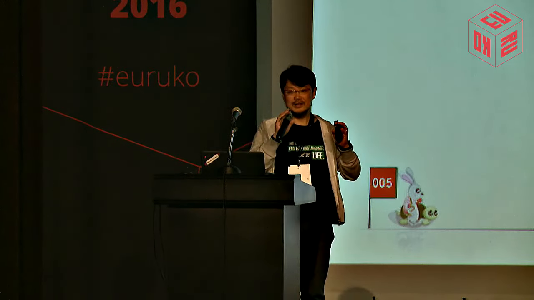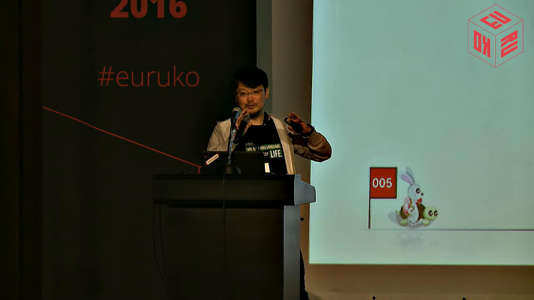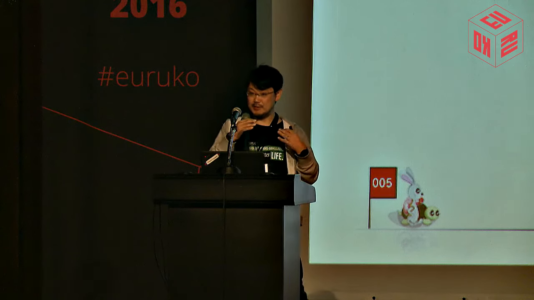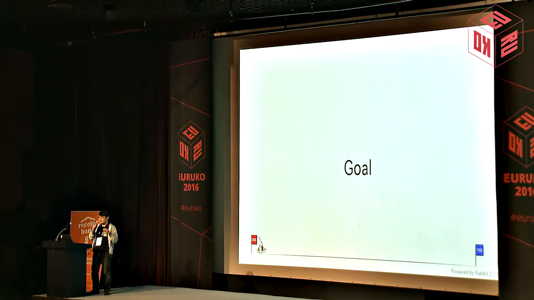So, to progress the Ruby community, and especially the Ruby core community, we have some kind of goal, or in other words, a vibe to work on. But a very important aspect of future Ruby is that it should be compatible with the current Ruby.